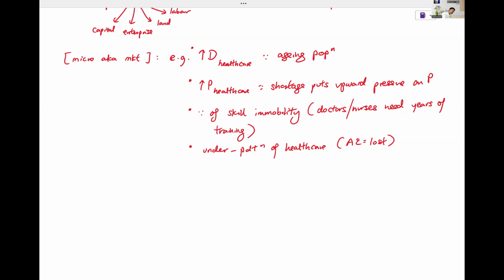Okay. How do you see it from a macro space? Macro, remember PPC.